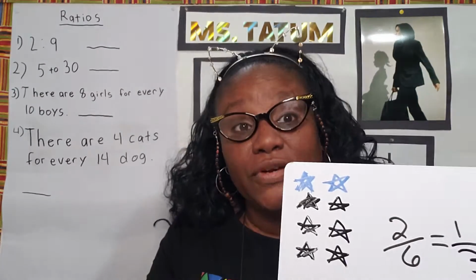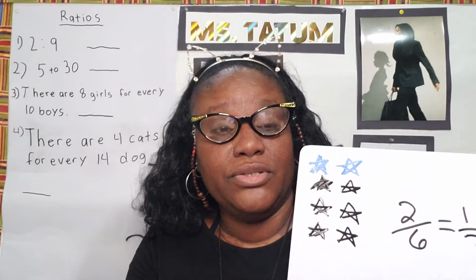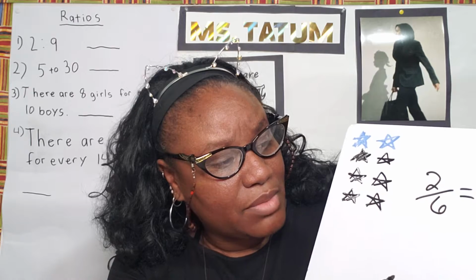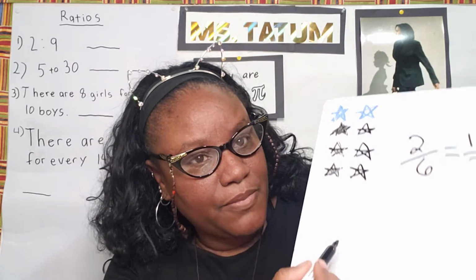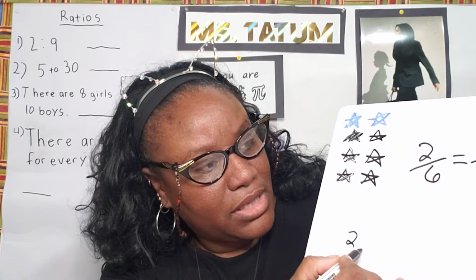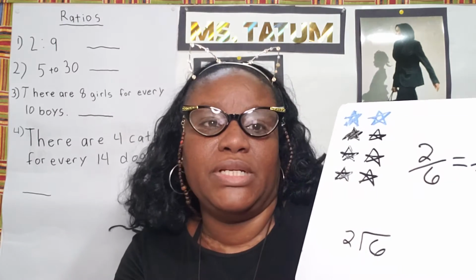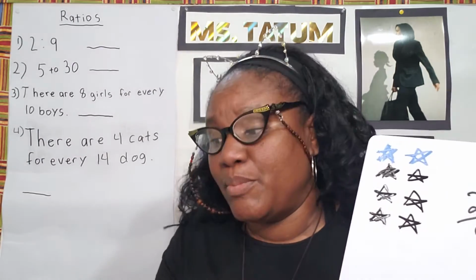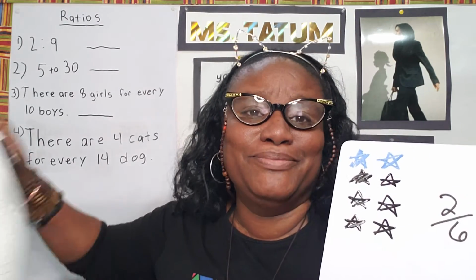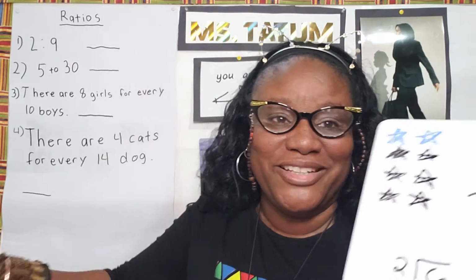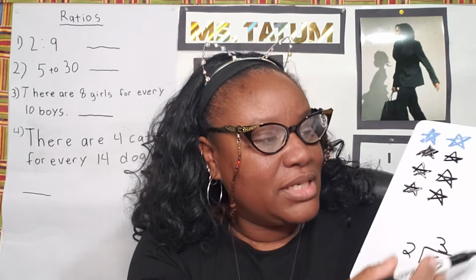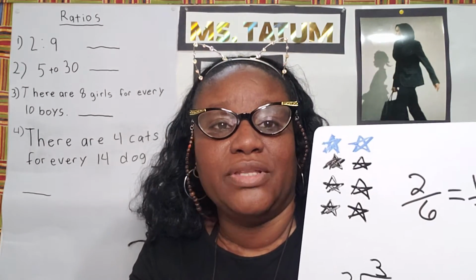Again, if I was struggling with math and I couldn't reduce this, I would say I know that 2 goes into 2 one time, so I would go down here and ask, how many times does 2 go into 6? 2 times what is 6? I would look at my multiplication chart, which you should always have in your notebook. 3 times 2 is 6, so it's 3. That's how I reduce that.